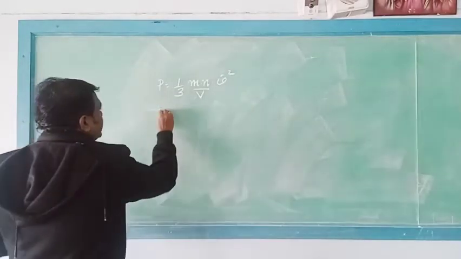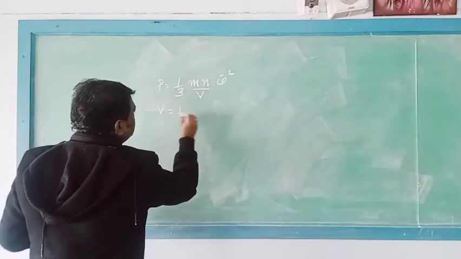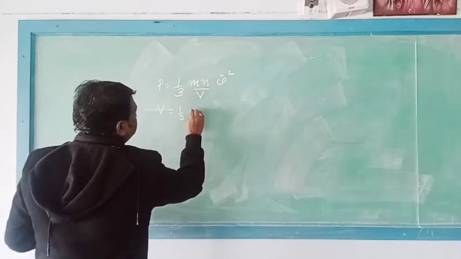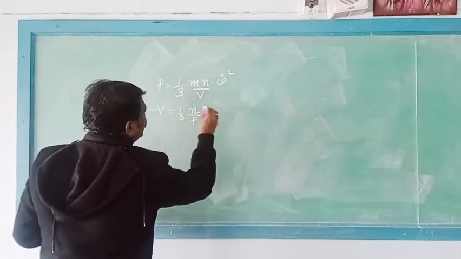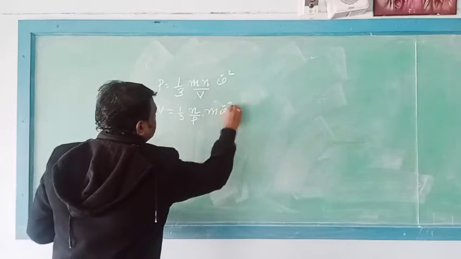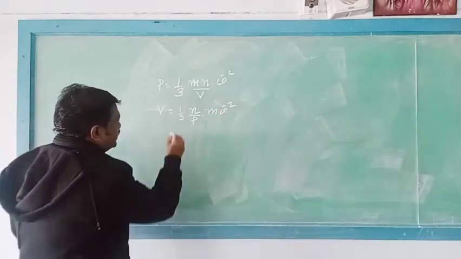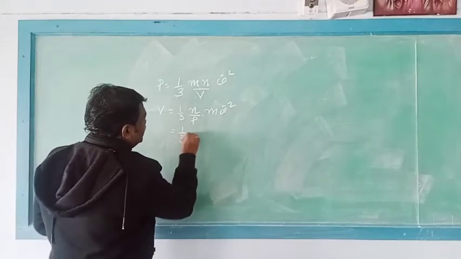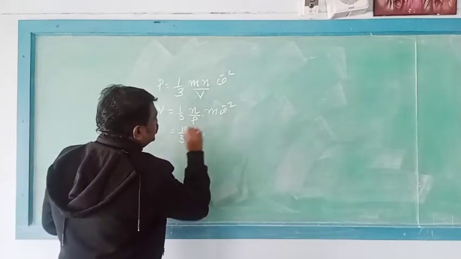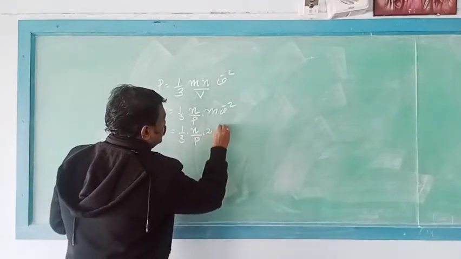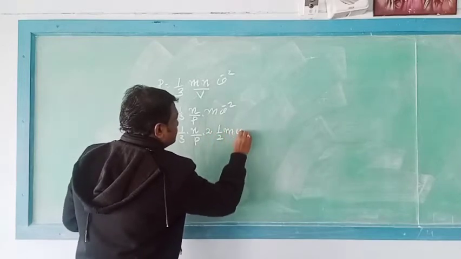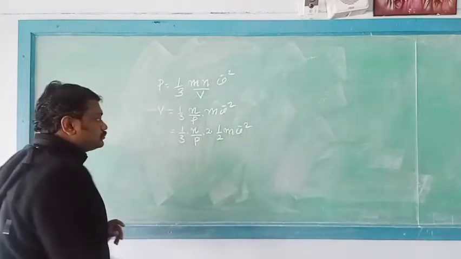So we can write V equal to 1 by 3 into N by P into m v square. No change at all. And you can write 1 by 3 into N by P into 2 into 1 by 2 m v square.